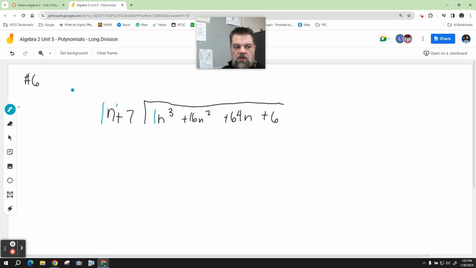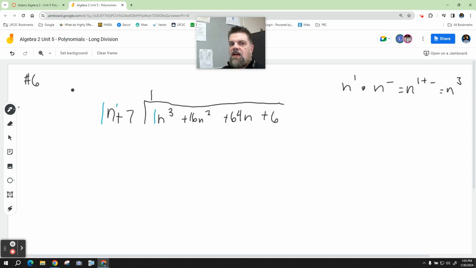That's 1n cubed. So then I think to myself, what do I multiply 1 by to get 1? 1. So I'm going to multiply 1 by 1 to get 1. Then the next thing I want to do is I think to myself, well, 1 times n to some power is equal to n to the 1 plus whatever that power is equal to n cubed.